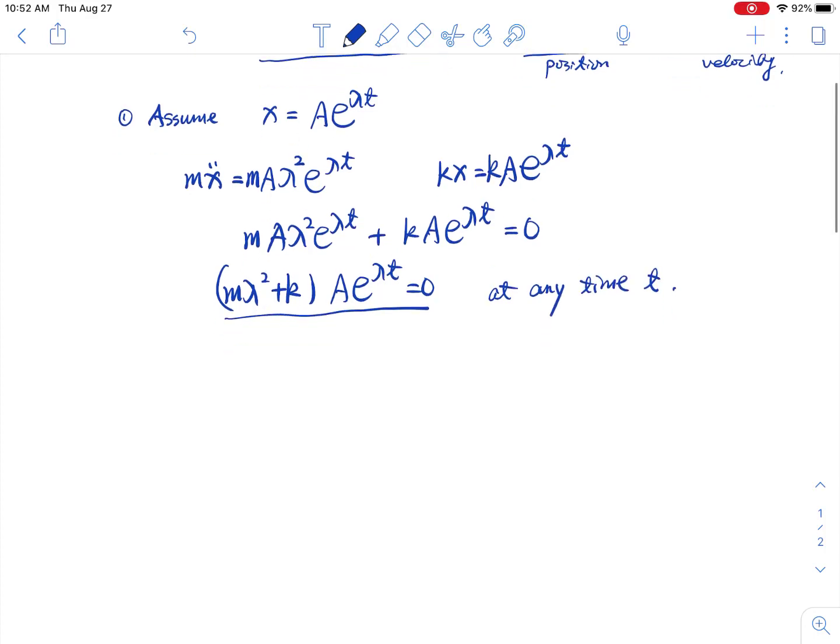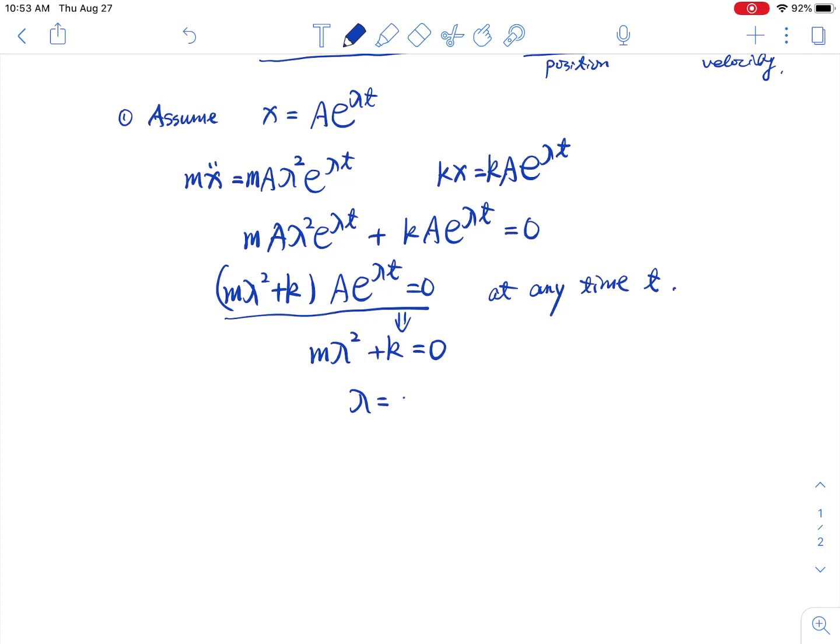Okay, so that's why in order to allow this equation to exist, we have to make sure mλ² plus k equals 0. And then we can solve this equation very easily.